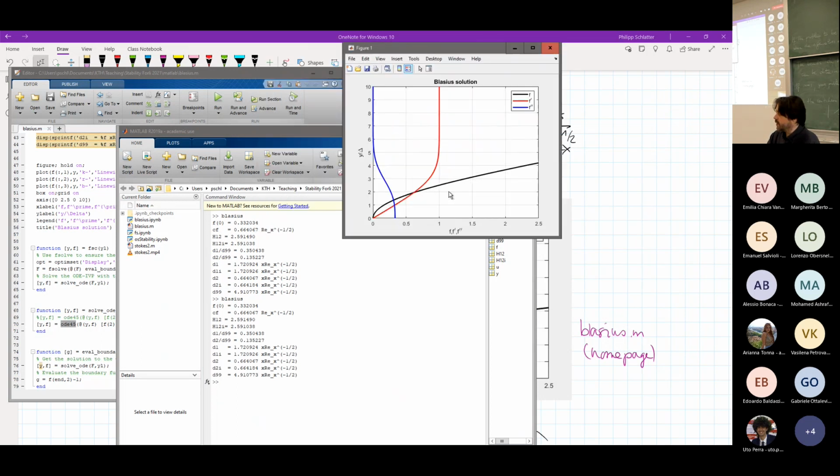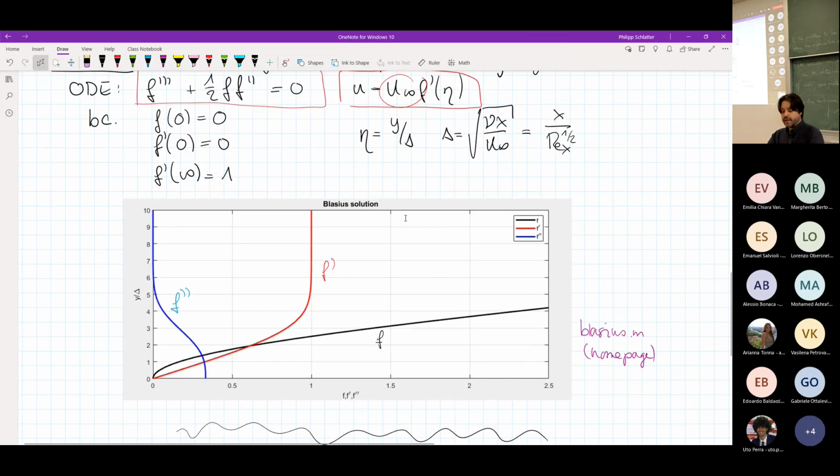So what I get is a solution like this, where I have in black f, in red f prime, and in blue f double prime. And you can see this behavior. You can just download this from the homepage and run it yourself. I have here again the same picture, so we can now look at that a little bit in more detail, what this really shows.